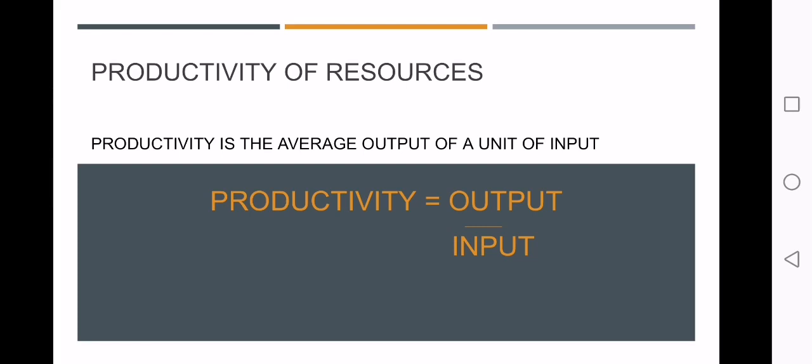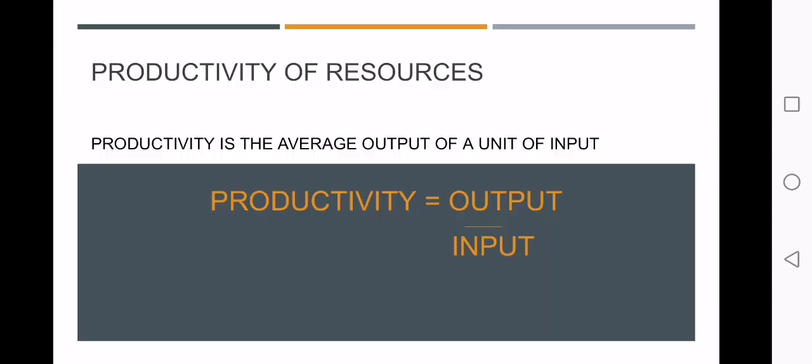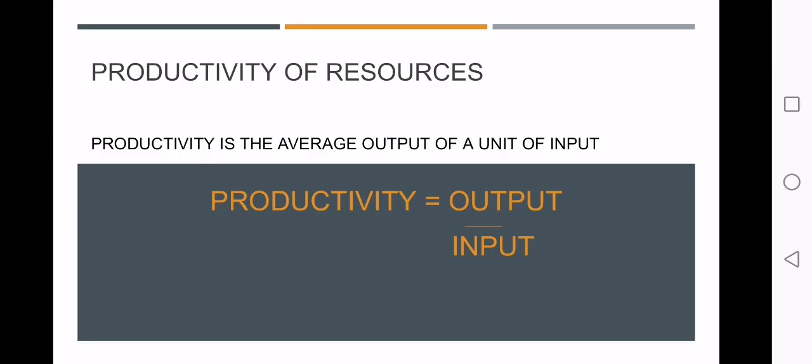Now that we talked about production possibility, and remember I told you, for full production, use these resources at maximum efficiency. So this is productivity. Productivity of resources is the average output of a unit of input. So for example, in full production, these resources should be used at maximum productivity as well.